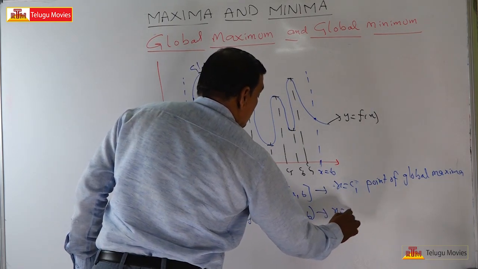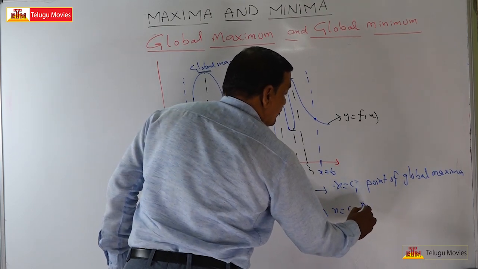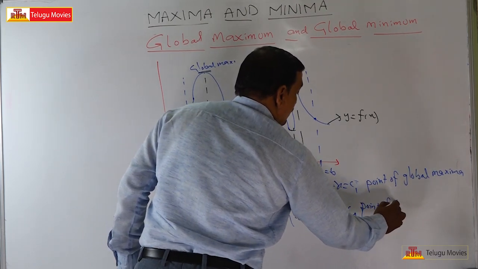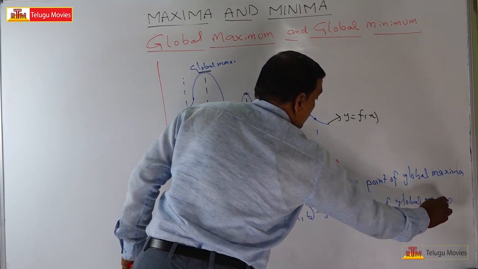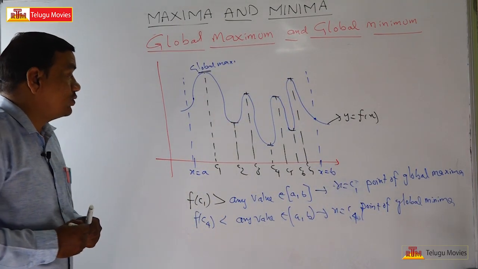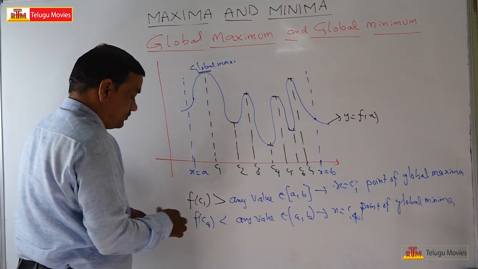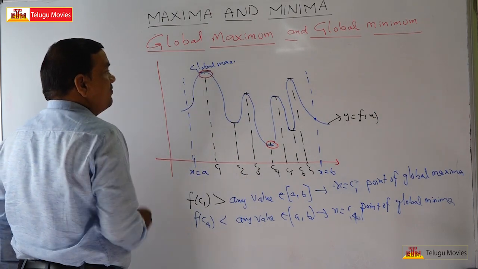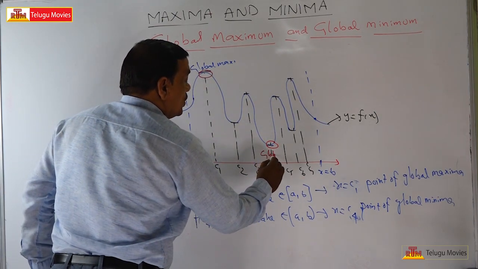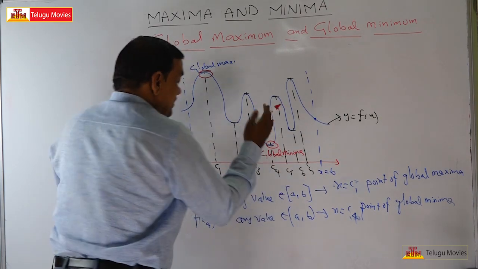That is, x is equal to C4 is called the point of global minima. So this C4 value, and this is the C1 value, this is called global minima in that interval.